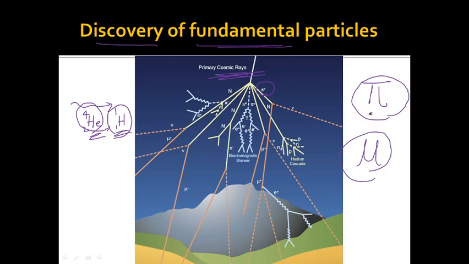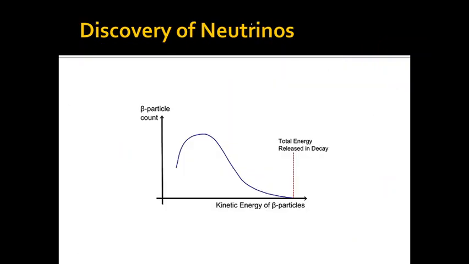Now later, another important study with regard to fundamental particles was the discovery of neutrinos. In a famous experiment on the decay of the nucleus, the beta decay of the nucleus, it was found that there are some other particles that are actually emitted together with the beta particles. So beta particles are electrons.